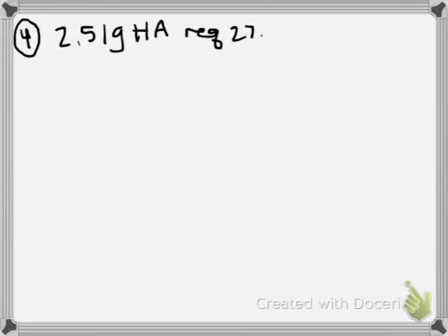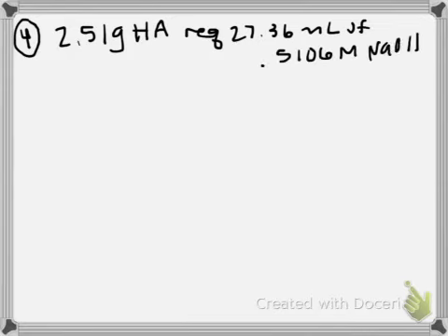To neutralize the 2.51 grams of the acid, which I'm just going to abbreviate as HA, it requires 27.36 milliliters of 0.5106 molar NaOH. Okay, it says this is required for the complete reaction.